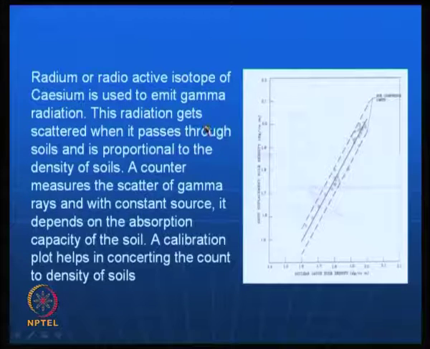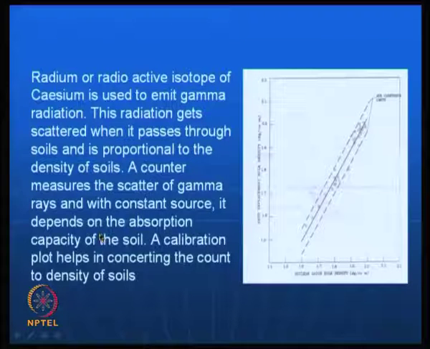This radiation gets scattered when it passes through the soils, and is proportional to the density of soils. This is very important. A counter measures the scatter of the gamma rays with a constant source. So if you keep the source constant, it means that the scattering depends on the absorption capacity of the soil, which again is related to density. So density and water content.